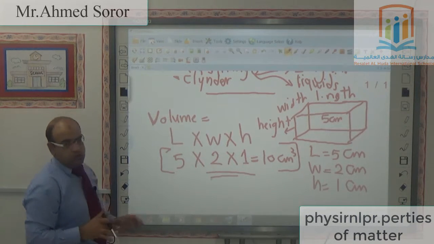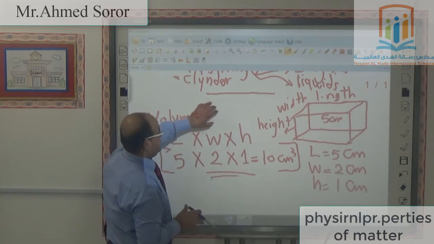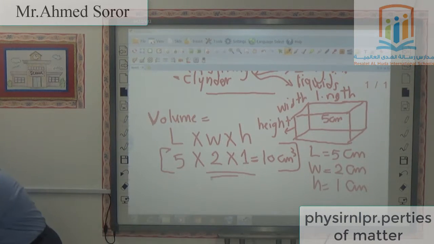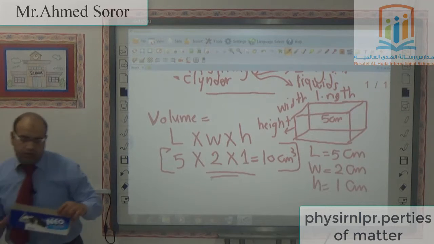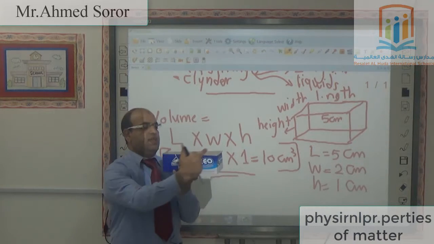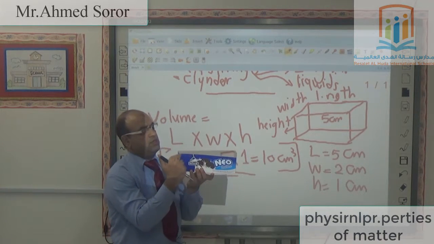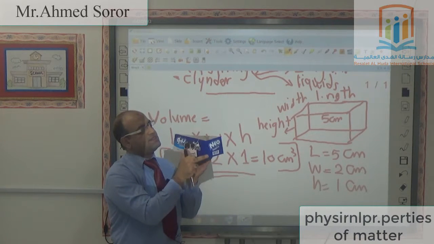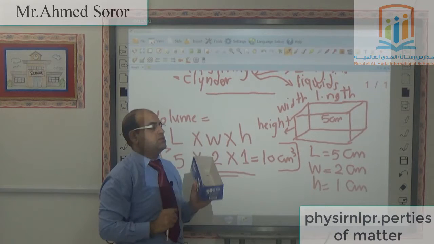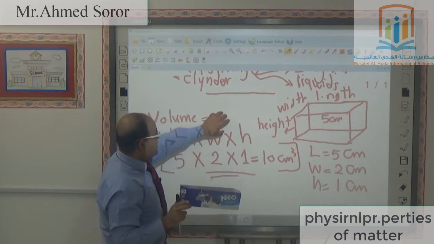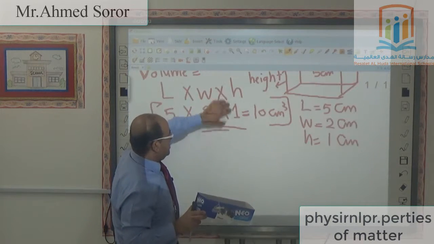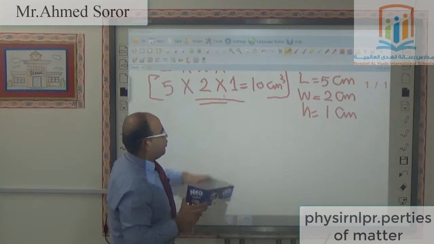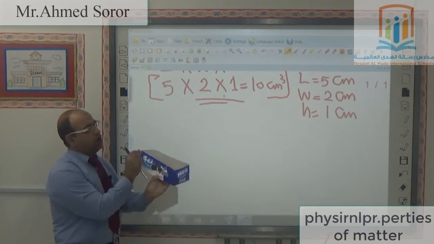When you have a stone shaped like a rectangular solid, this is the length, this is the width, and this is the height. In this model, we measure its length by ruler.